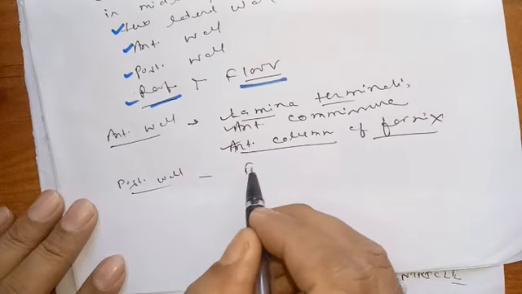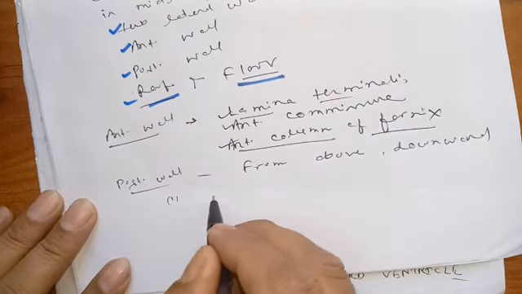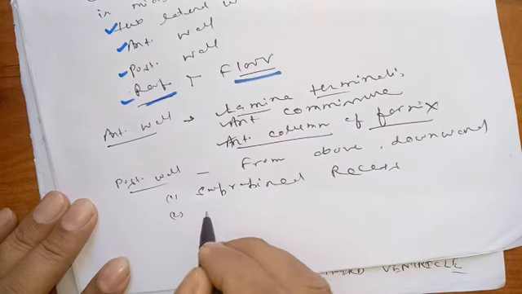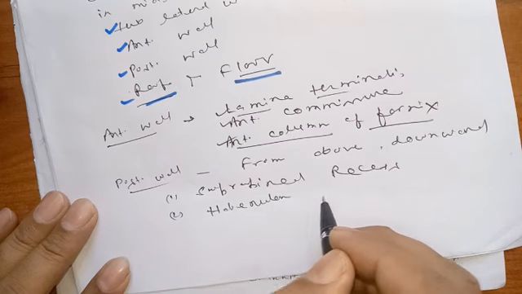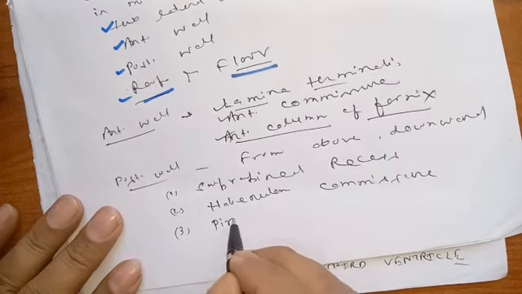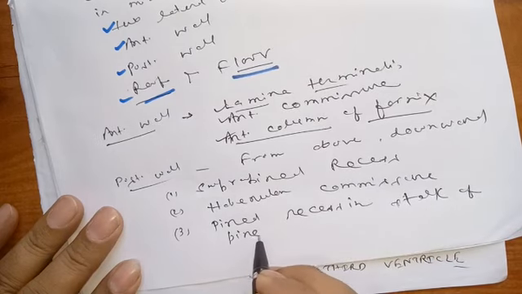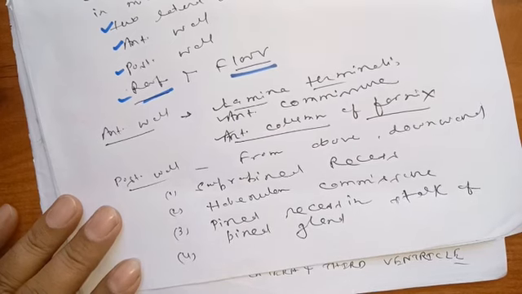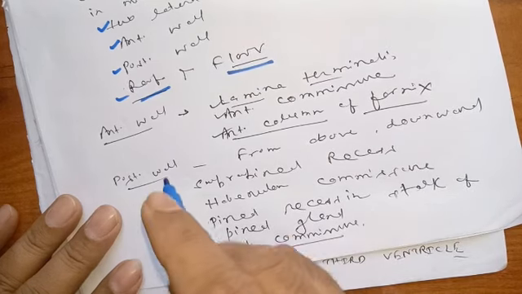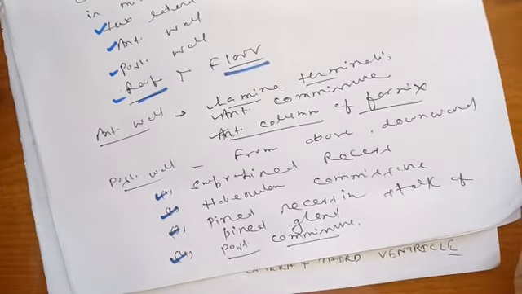It is formed from above downward by: first, the suprapineal recess; second, the habenular commissure; third, the pineal recess in the stalk of the pineal gland; and fourth, the posterior commissure. That is the posterior wall.